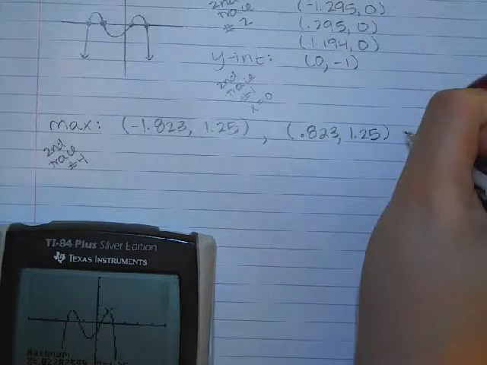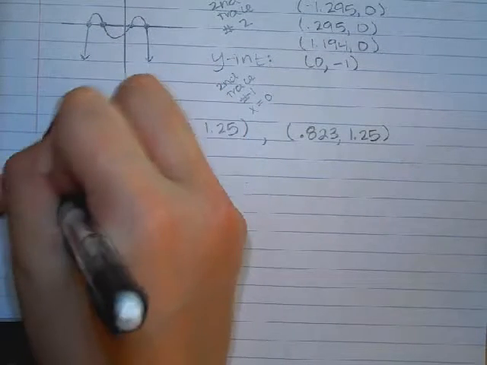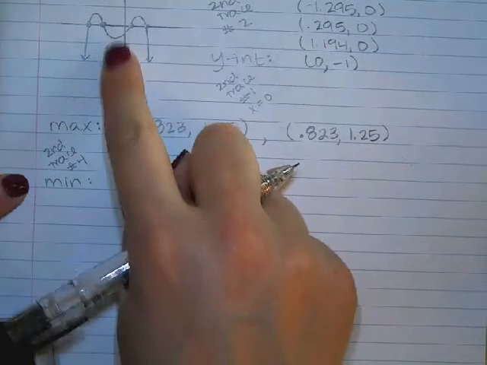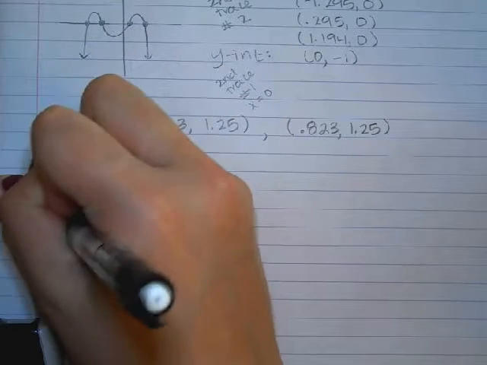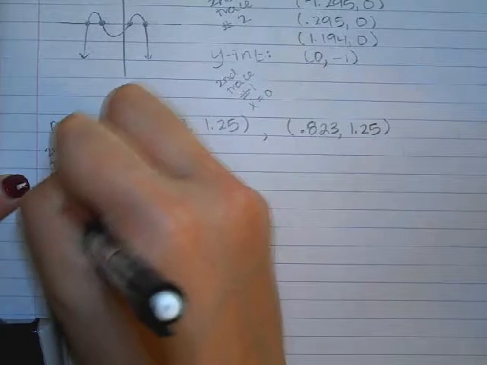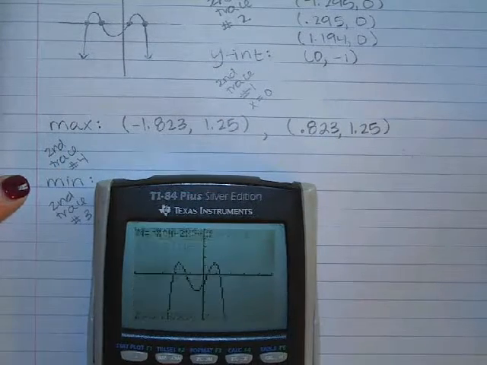You guys get the other max okay? Okay. And then we're going to look for a min, and this one only has 1 minimum. It's got 1 place that looks like a valley. So for that, we're going to do second trace number 3. Okay. So second trace number 3.